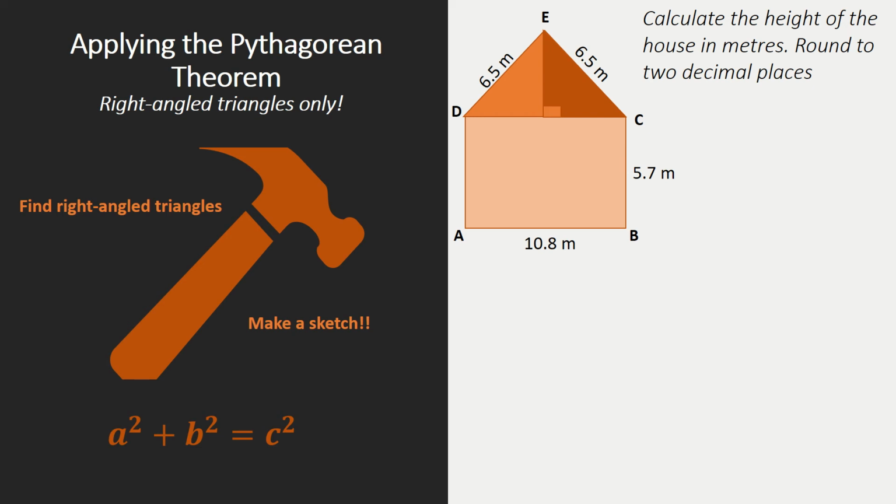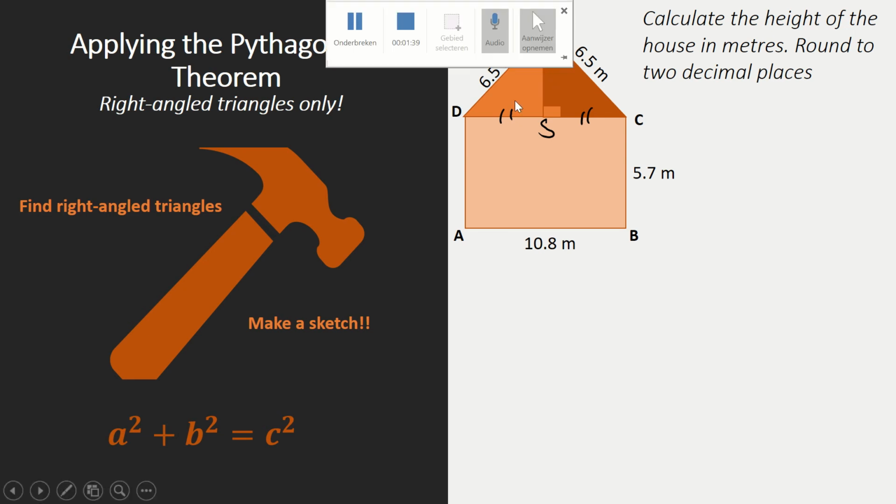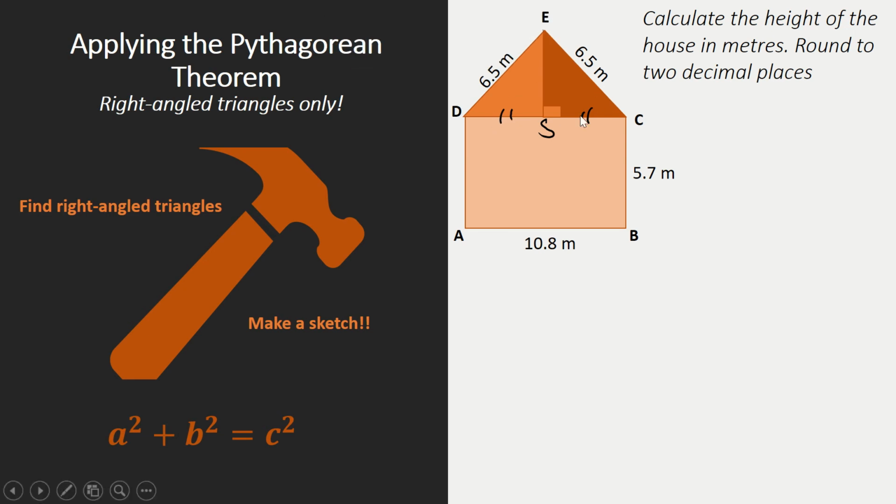As you can see, this will make a right-angled triangle, and we name this S. What you can see as well is that this is equally long through to that side. So I'm going to divide 10.8 meters by 2, which gives us 5.4 meters and 5.4 meters.